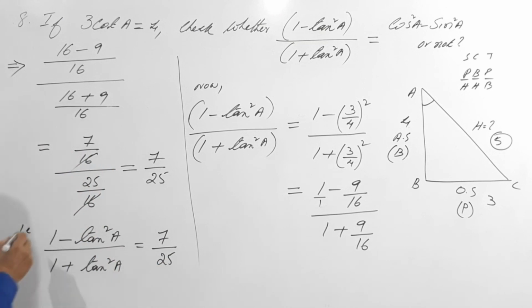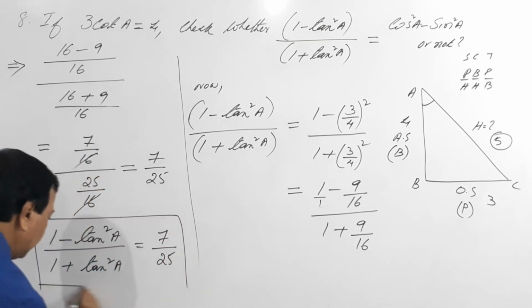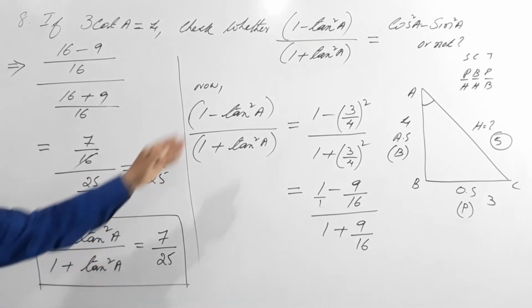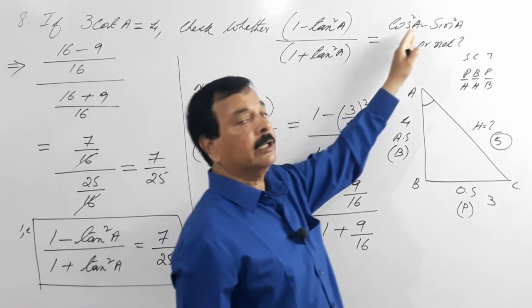Done. So we have got the value of 1 minus tan square A by 1 plus tan square A is 7 by 25.